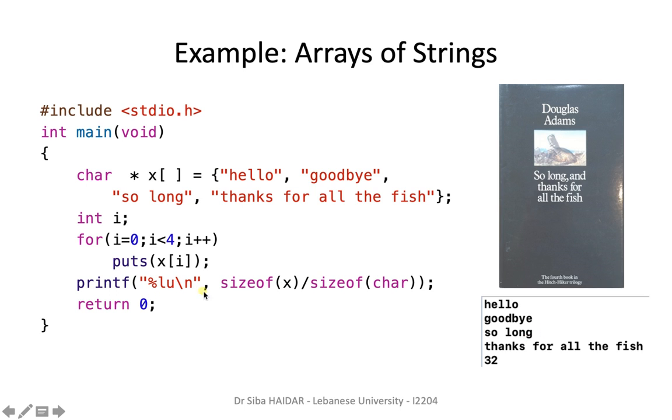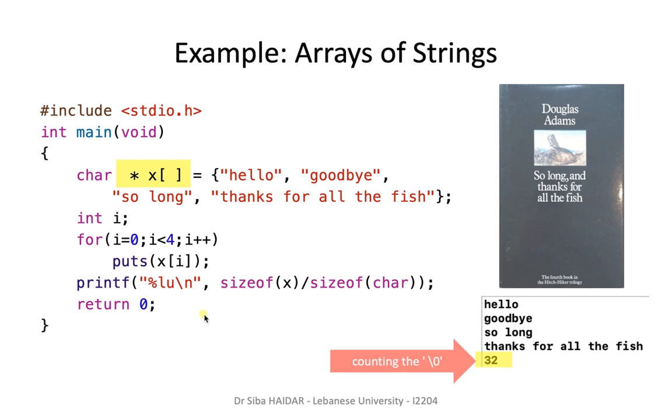And if I want to make sure how many bytes I used in the memory, I will just print the unsigned long value, which is the size of x all divided by size of one character. So this is how many bytes, how many characters I used in order to store x. It will print 32 with the backslash 0. So if you count all the letters, they are exactly 32 if we count also the backslash 0.